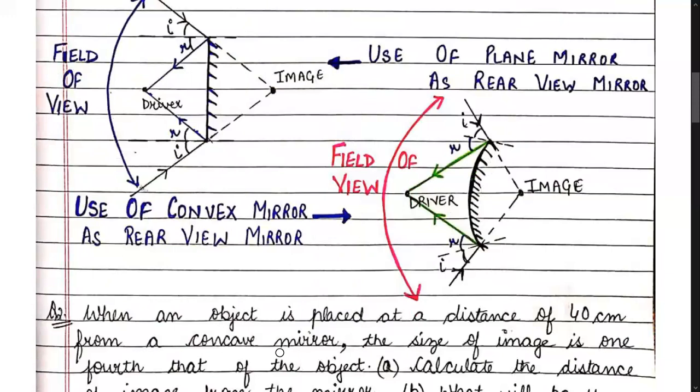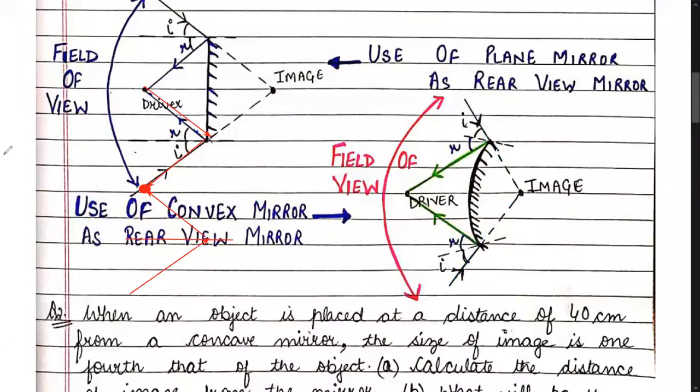So again you will do the same process. You draw an incident ray falling at one side, getting reflected towards the driver. Then incident ray from the other side getting reflected towards the driver. And then you mark it, produce it behind such that an image is formed.